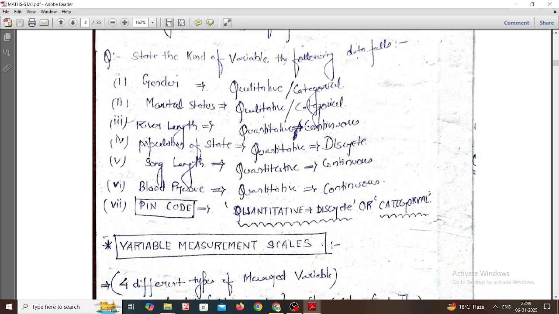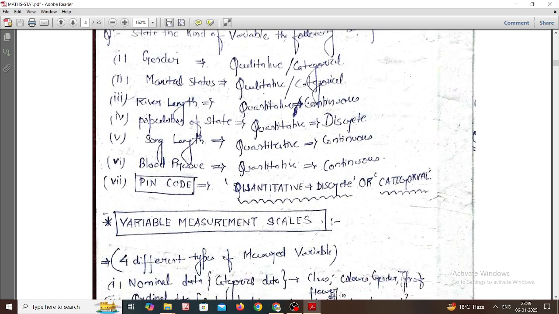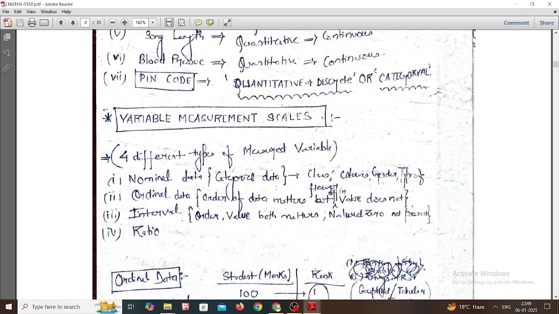Next, variable measurement scales. There are 4 different types of measured variable. Those are nominal data, categorical data, which is the class, colors, gender, types of flower. Next is ordinal data. Order of data matters here.